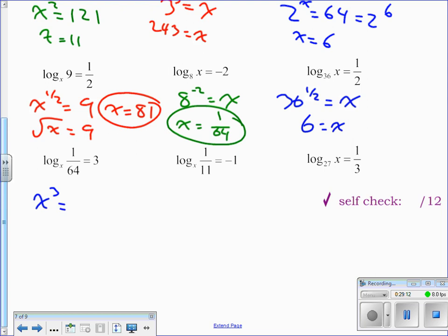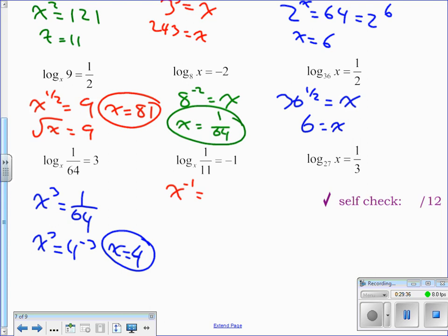X cubed is equal to 1 over 64. I think we actually did this one. So x cubed is equal to 4 to the -3. 64 is 4 cubed. Put it up to get rid of the negative. X equals 4. If the exponents are the same, the bases are the same.